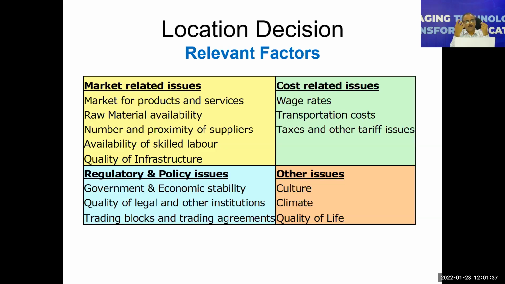So depending on the type of industry, the factors that you will have to look at include the availability of skilled labor, and of course the quality of the infrastructure, as well as the cost, because you can see that there exist different tariff rates for electricity in different states. So whenever any industry looks at setting up their operations or locating their facility, they will have to look at all these factors. Similarly, there will be the issues related to cost.